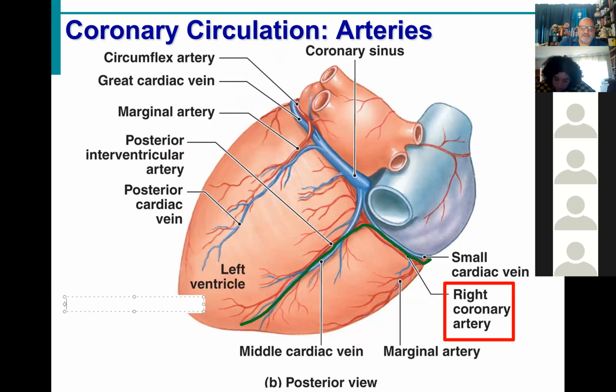And what would we call such an indentation? Posterior intraventricular artery. The posterior interventricular sulcus. And when it branches to go down there, what does the right coronary artery become?